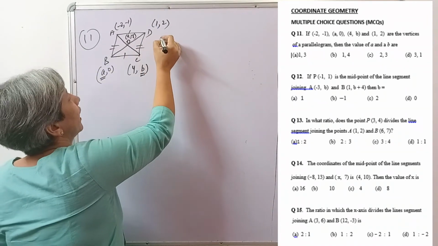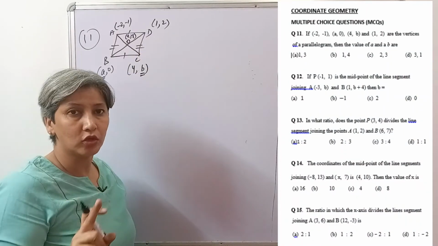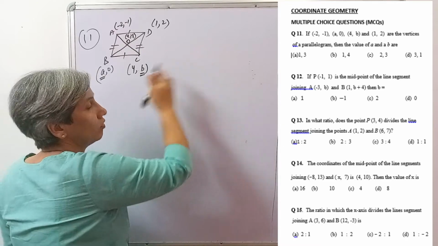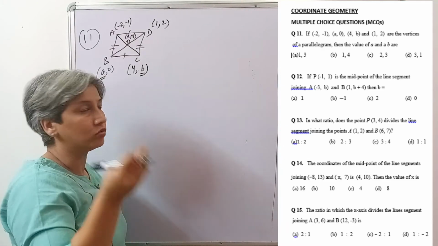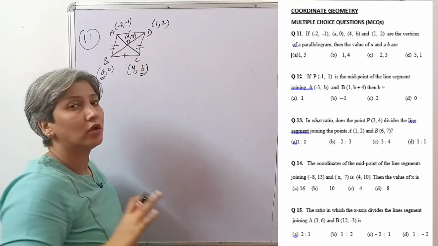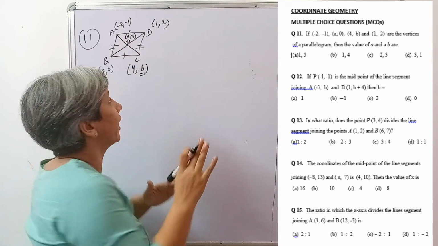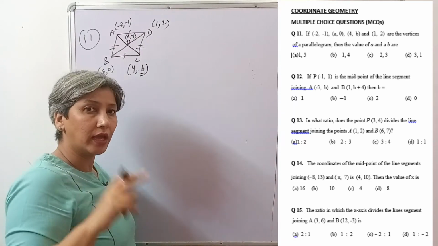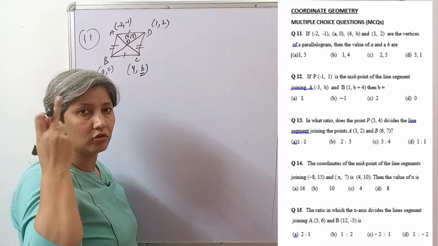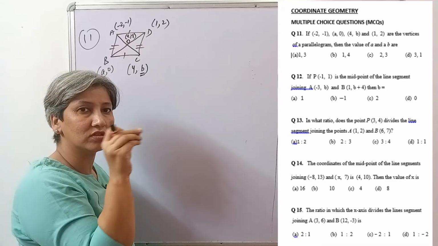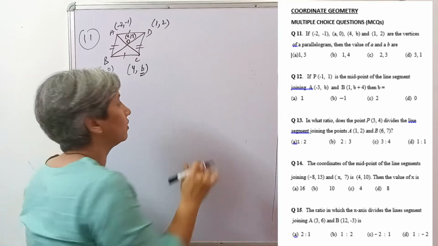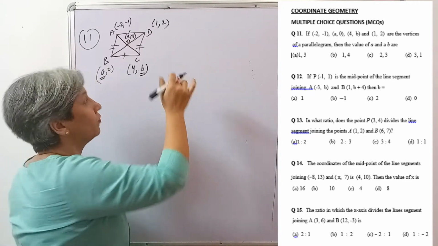So we'll say, as we know, we don't need to write in MCQs when you're doing it in term 1 boards. You don't need to write all the formula, all the features, like why you're using it. You don't need to mention, but to make things clear to you and not to create any confusion for you, I'm writing everything in detail. There you'll get it in your mind that okay, diagonals bisect, so I will straight away start applying the midpoint formula, right? But here I'm doing in detail for you.